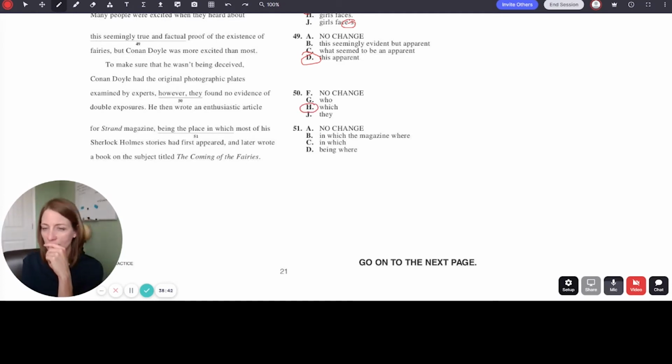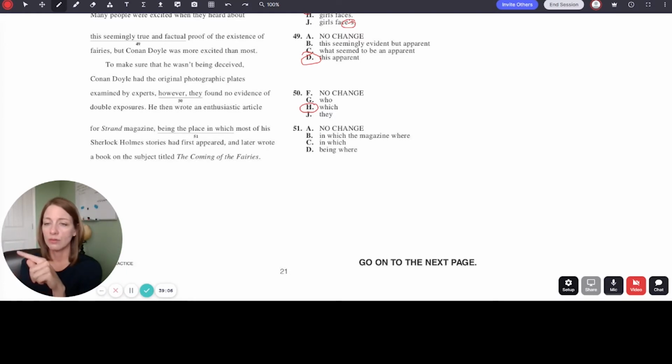Let me see if anything else. You can't say they found no evidence of double exposure. That creates a new sentence. To make sure that he wasn't being deceived, CD had the original plates examined by experts.